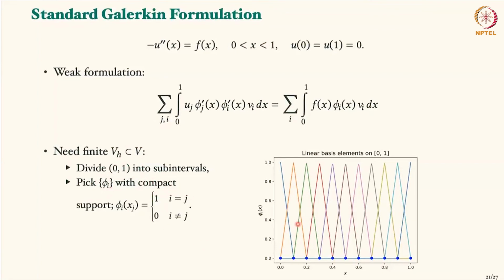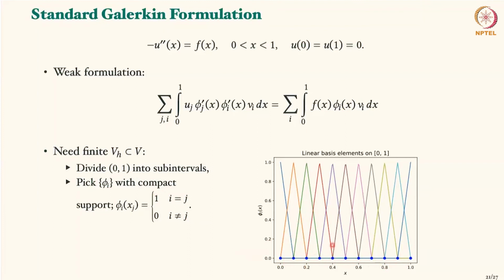So here is an illustration. You can leave this out for the moment, and there are many basis functions here. The blue dots, like before, are the discretization of 0, 1. So this contains 1, 2, 3, 4, 5, 6, 7, 8, 9, 10, 11 points. There are 11 points, and there are 10 elements, if you want, the regions between the points.